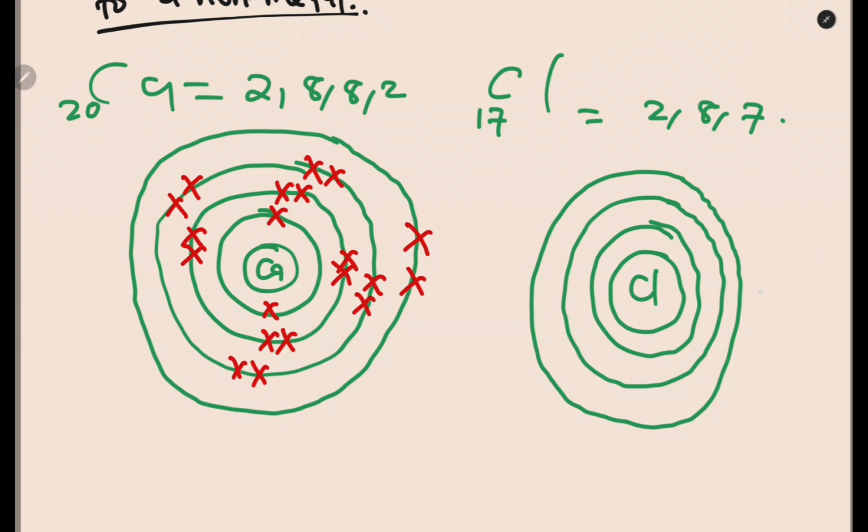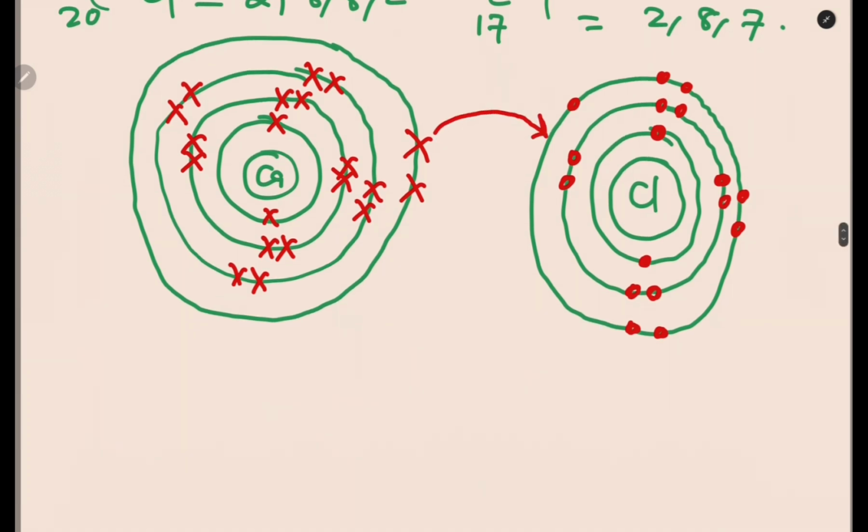Then for chlorine, I will use dots. The first one has 2, the second one has 8, the third one has only 7. You see? So this one can only receive 1 electron to make it 8.